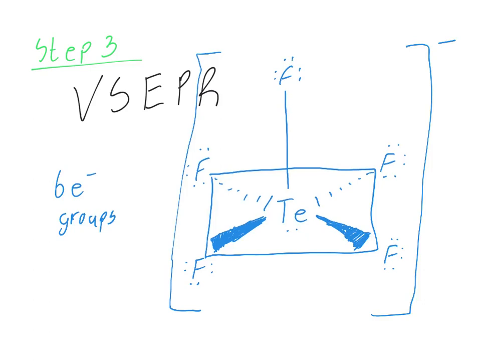Also, the angle of the VSEPR is less than 90 degrees because of the lone pair right here.